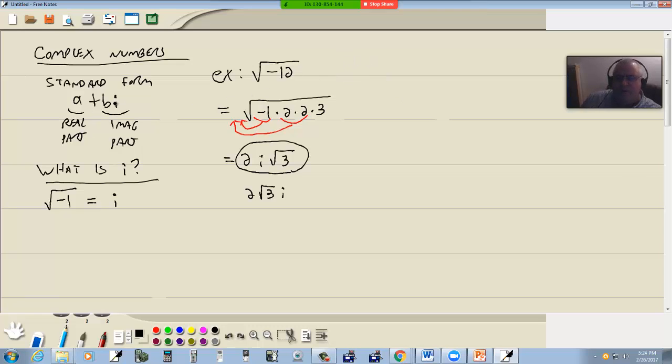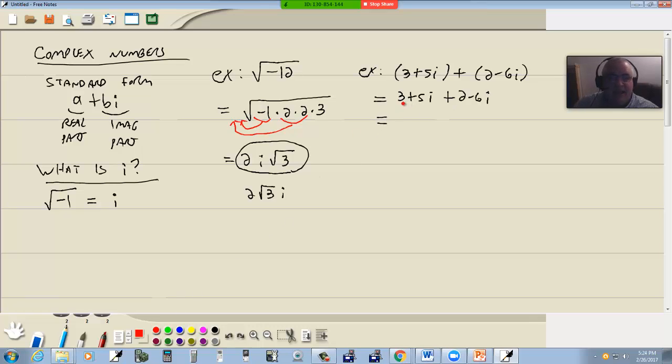Now for the most part we treat i's like variables. So if I have 3 plus 5i plus 2 minus 6i, these parentheses aren't actually doing anything in this problem, so I can drop them. So I've got 3 plus 5i plus 2 minus 6i.